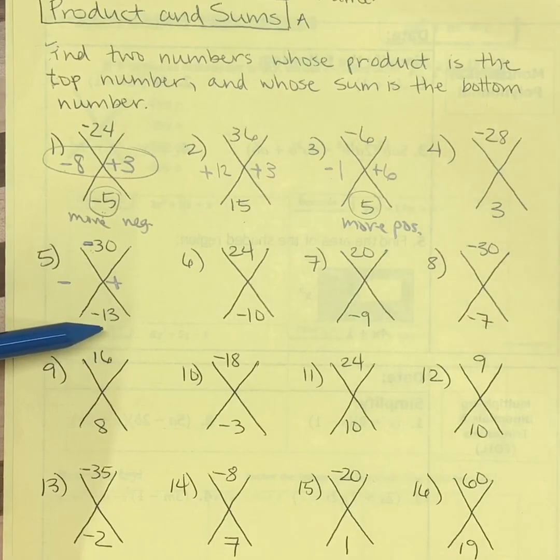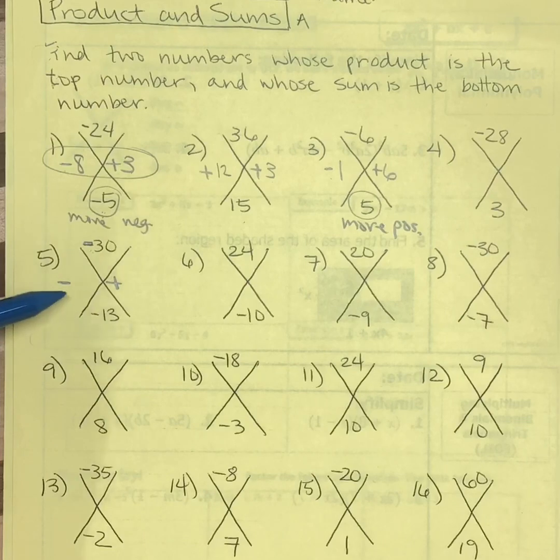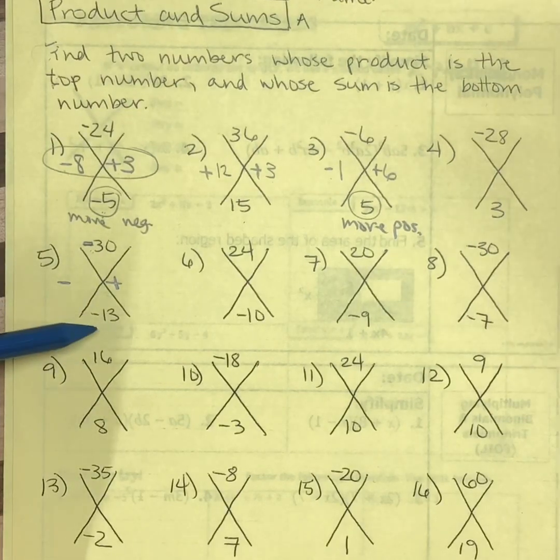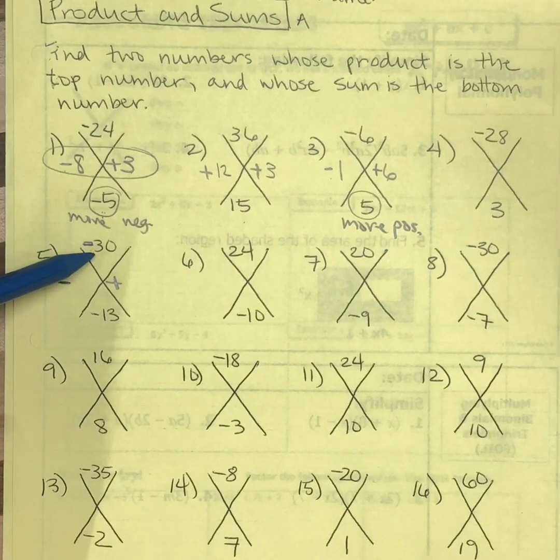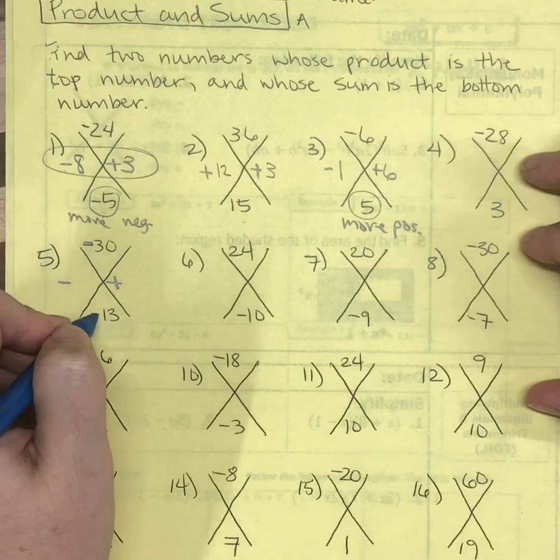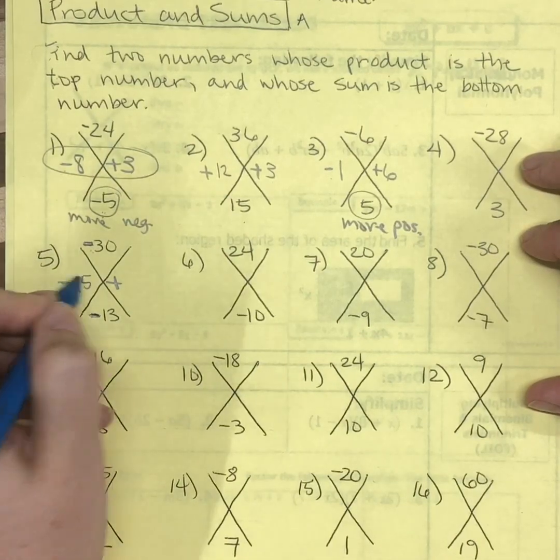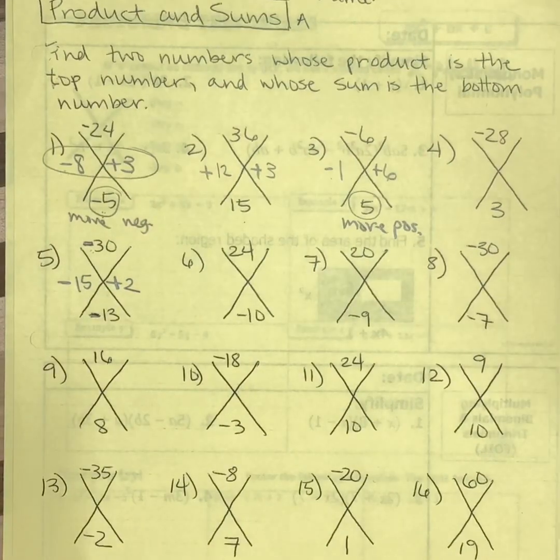The problem is, when you have 1 negative and 1 positive, when you add them, you actually subtract. So that doesn't work. We need 2 numbers that are 13 apart. Well, 15 times 2 is 30, and we need more negatives because the sum is negative. So we're going to have negative 15 times positive 2.